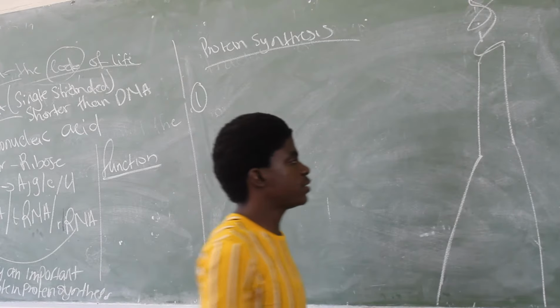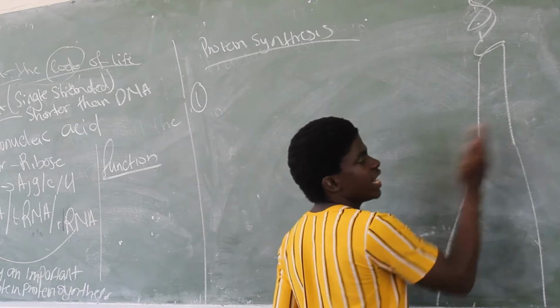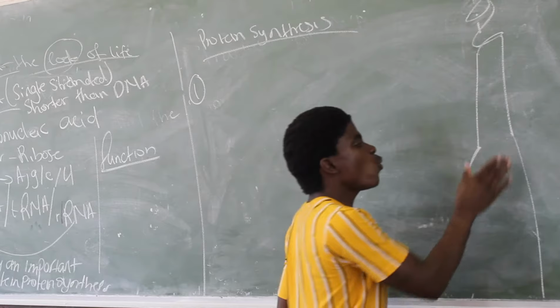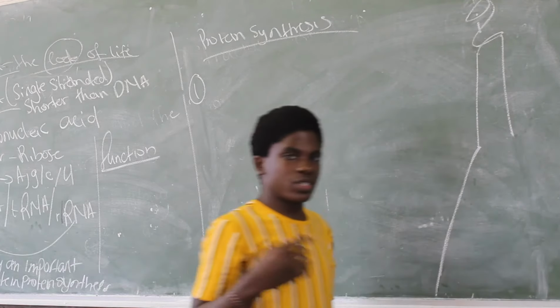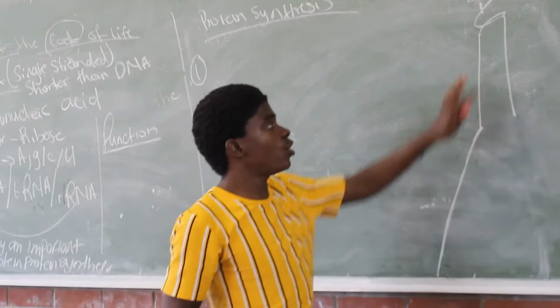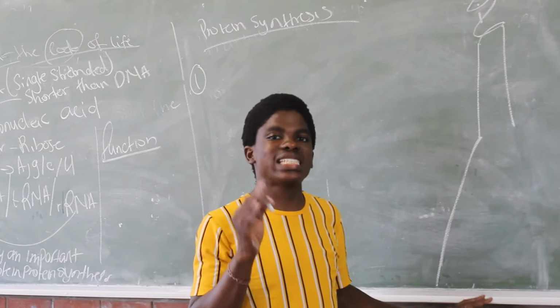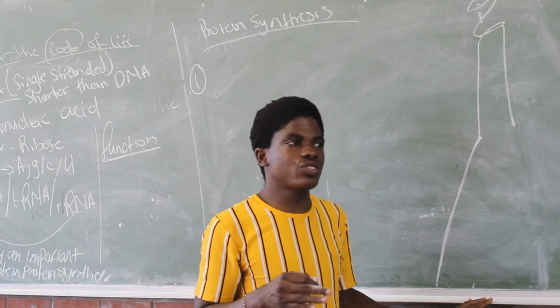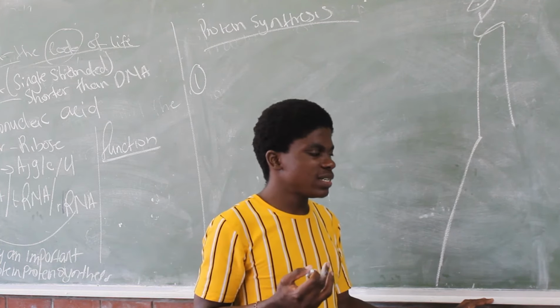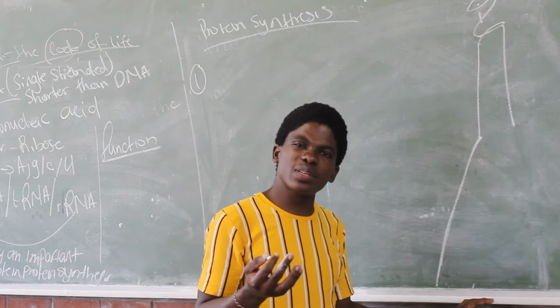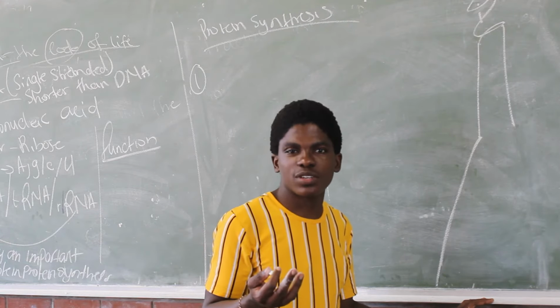Since we know that DNA has 2 strands, and we are talking about protein synthesis, only one strand of the DNA acts as a template. A template, I could most probably say, is a blueprint of some sort.